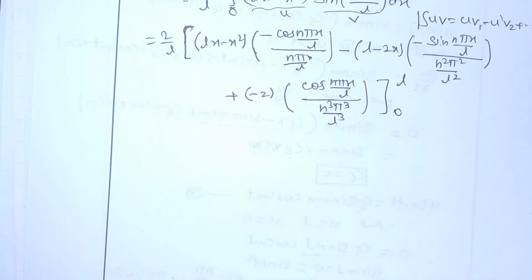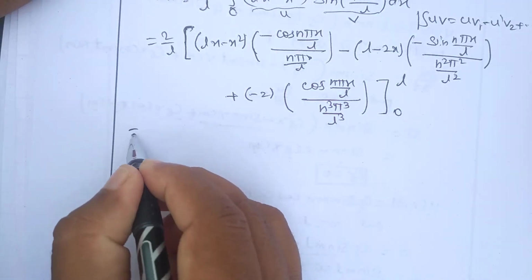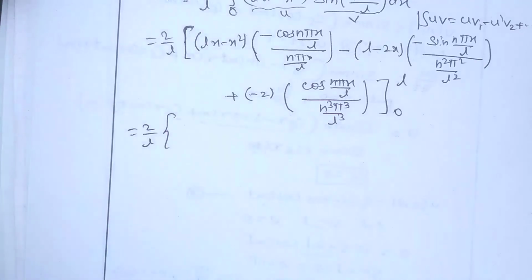So see what happens when you put the limits. We will get this as 2 upon L. I am using curly bracket.